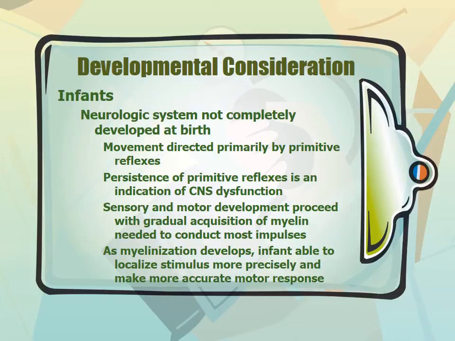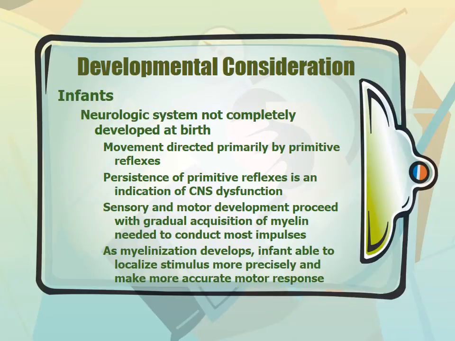Most of the time, as their neurological system develops and becomes more completely intact, those reflexes actually go away. So the persistence of those primitive reflexes is an indication, if they still have them, that the CNS is actually not working the way that it is supposed to.